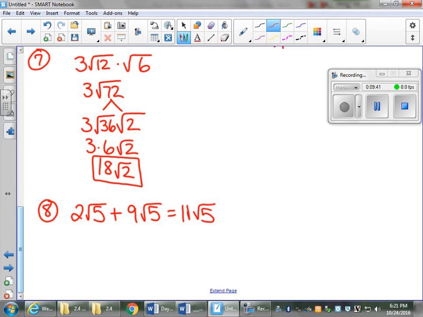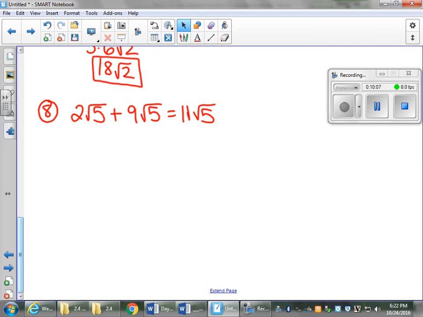I can add them because they're considered like terms. If that was a radical 5 and a radical 3, you would not be able to add them. The only way to combine them is if you change them to their decimal form and then added, which we're not doing right now. So they have to be like radicals for addition and subtraction to work. Unlike with multiplication and division, they don't have to be the same radical.